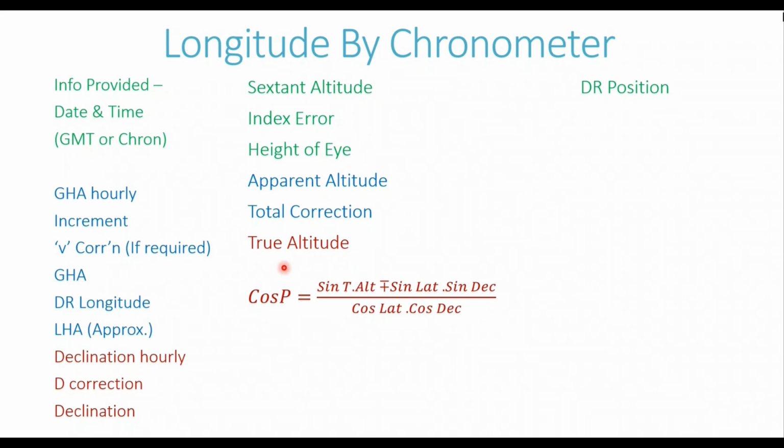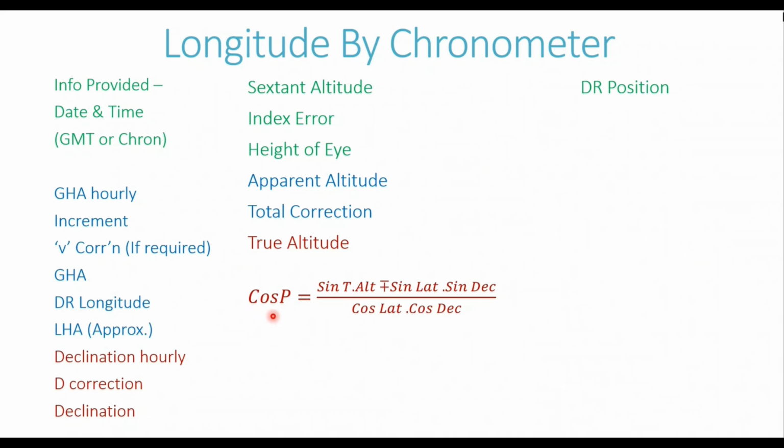What is the longitude by chronometer formula? The formula says cos of P. This is the same P which we saw in the azimuth calculation in the ABC method. P is basically angle P of the PZX triangle, and it is derived from the LHA of the body. It could be equal to LHA or EHA or 360 minus LHA.